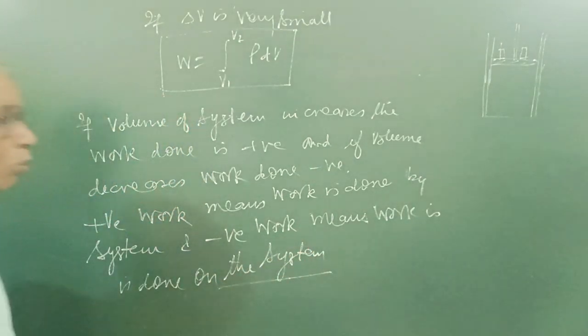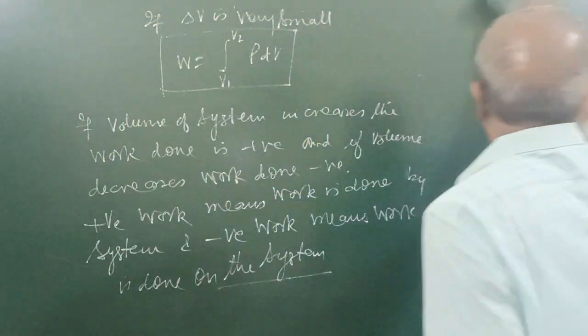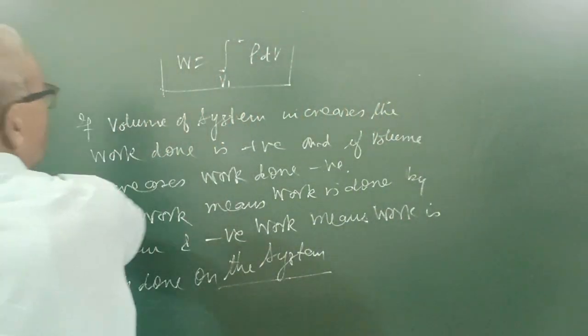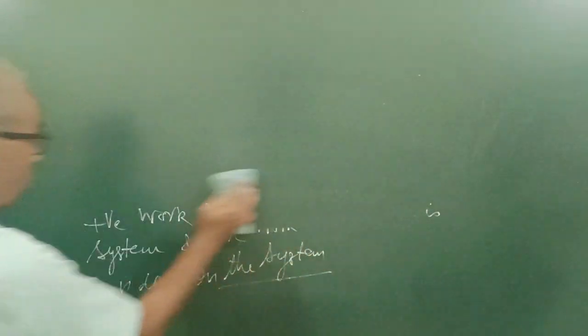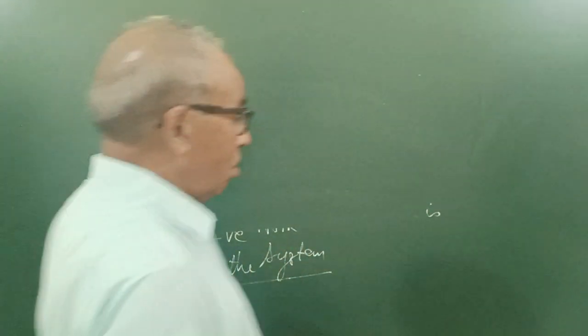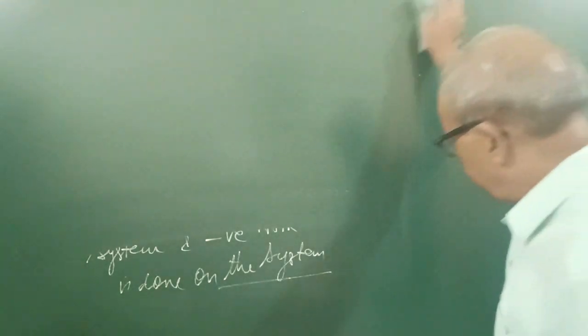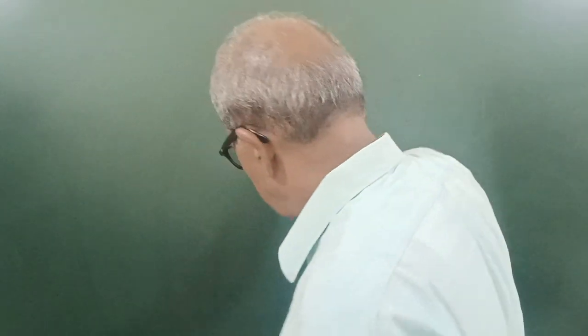This is very important to understand. If work done is positive, the work is done by the system during expansion. And negative means you have decreased the volume, meaning we are compressing by using some external effort on the system, and that work is done on the system.